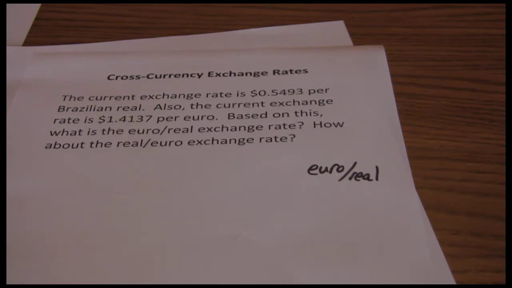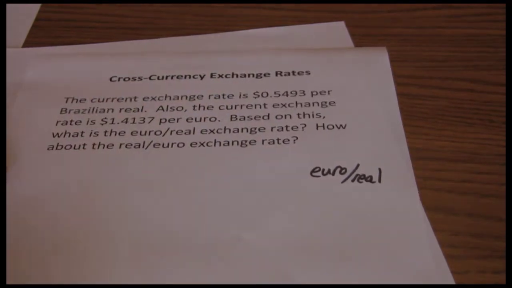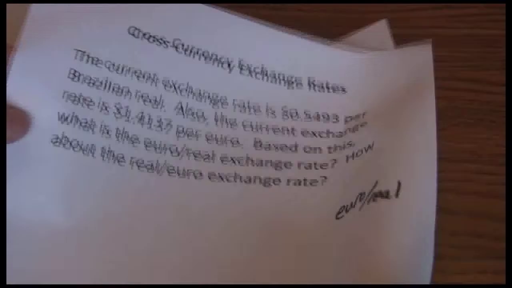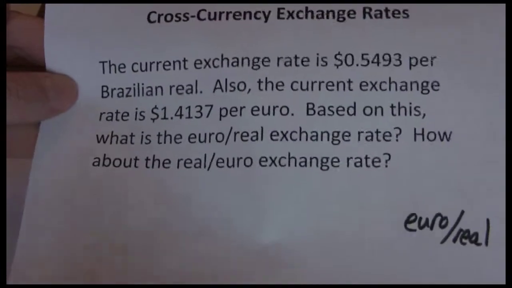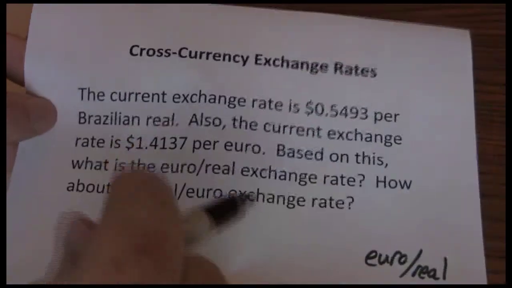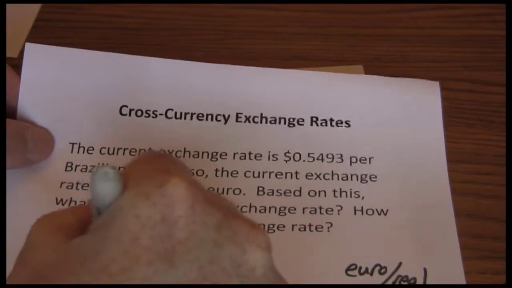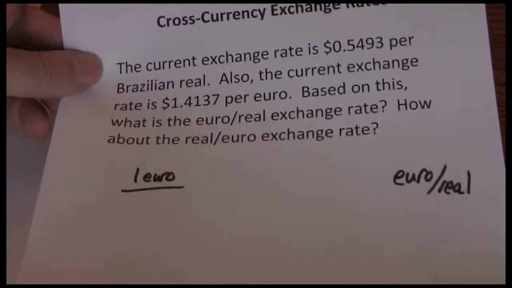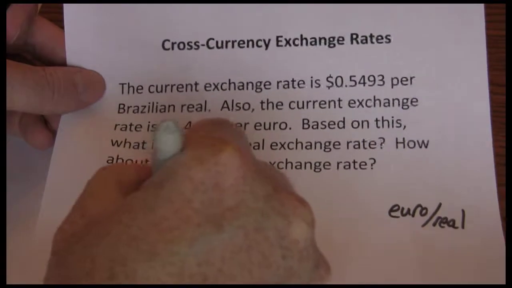So we're going to start with the euro, $1.4137 per euro. We want the dollars to cancel out, and we want the euros to be left over, and we need the euro in the numerator. So that's 1 euro per $1.4137.